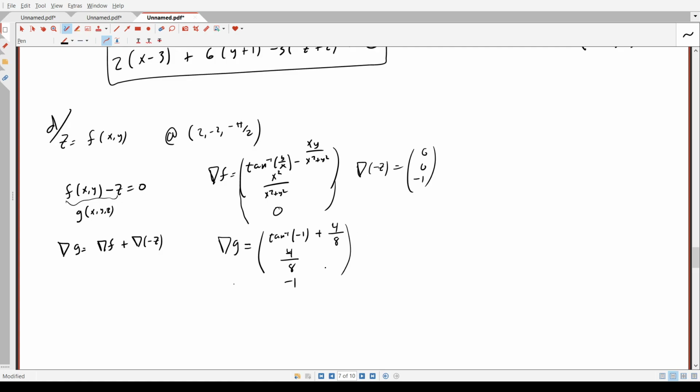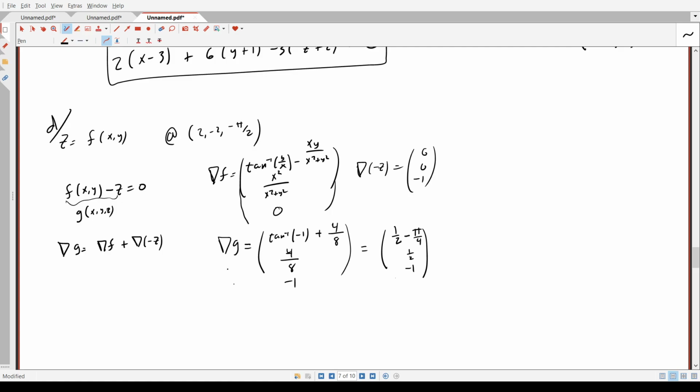That's my gradient of g. Okay, so we have 1/2, and then we have plus 3 pi over 4. Is that how we want to do it, or do we want to do it the other way? Let's go minus pi over 4, because that's the range. 1 over 2 and minus 1. Okay, so that's my gradient.